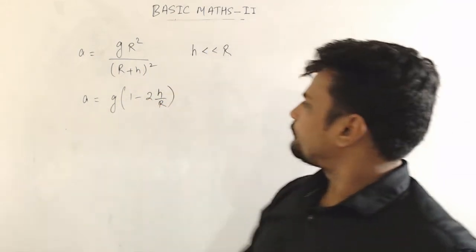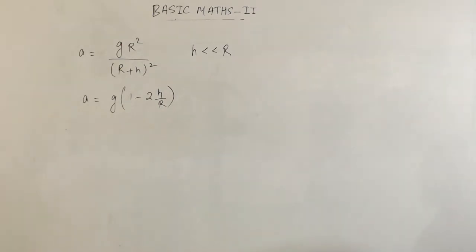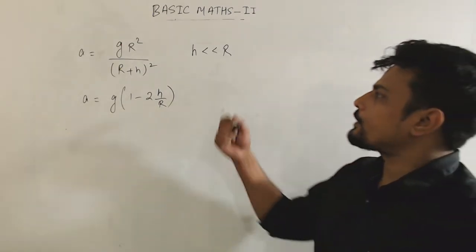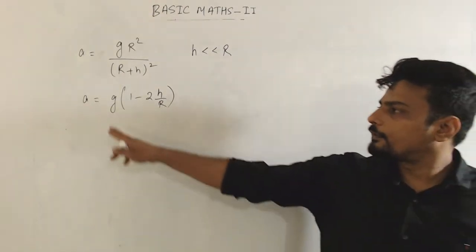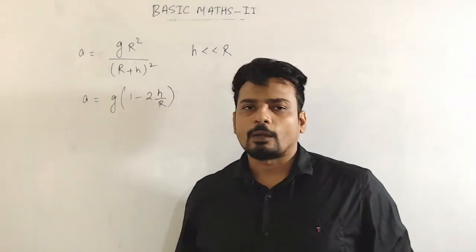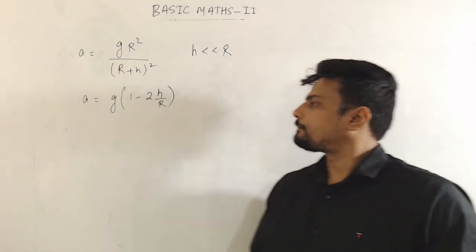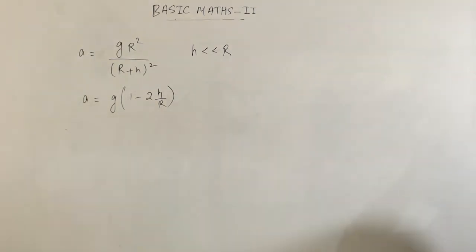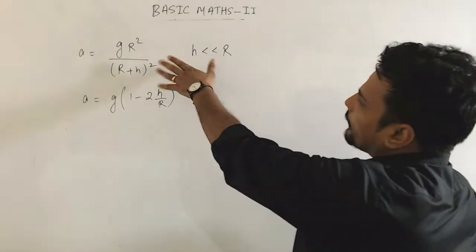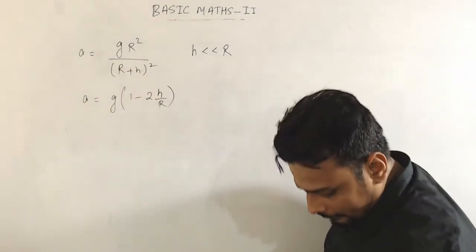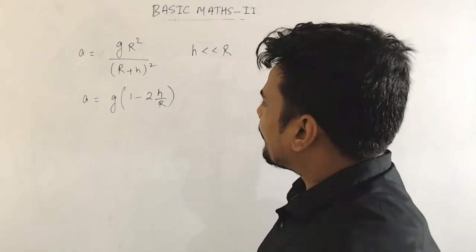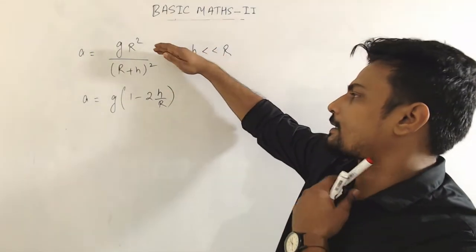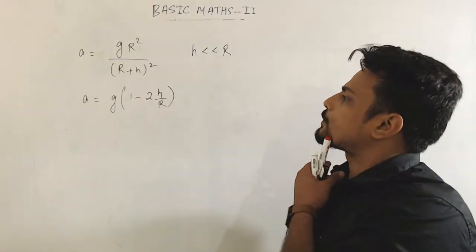For h very, very lesser than r, where r is the radius of the earth, you have to prove that a is g times 1 minus 2h upon r. The moment I see this, h is very less than r, so h upon r is less than 1. First of all, let us try and simplify this.